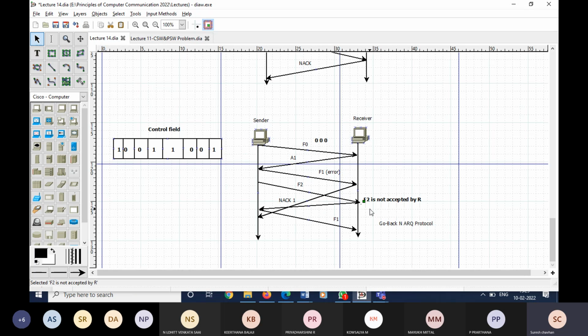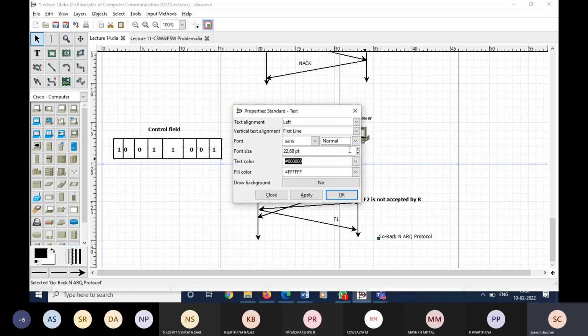That's the reason it won't accept, and it will send a negative acknowledgement to retransmit frame F1. Then it will send F1. So this is the reason this complete working model works as a Go Back N protocol. Understood?